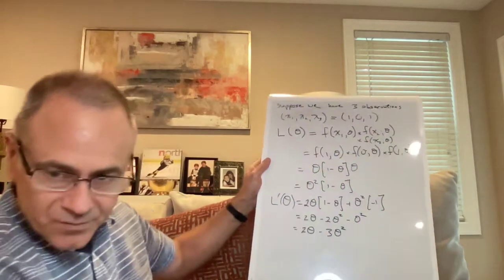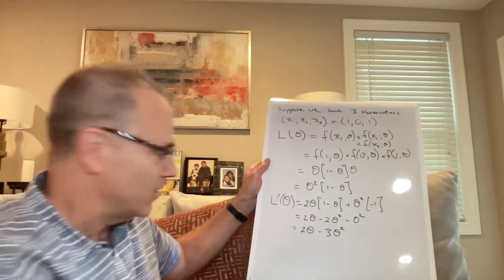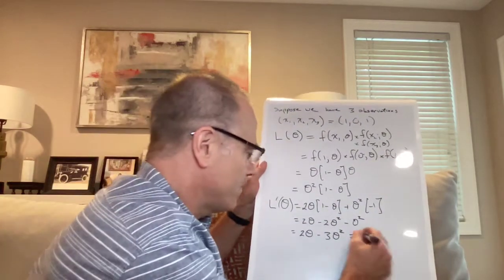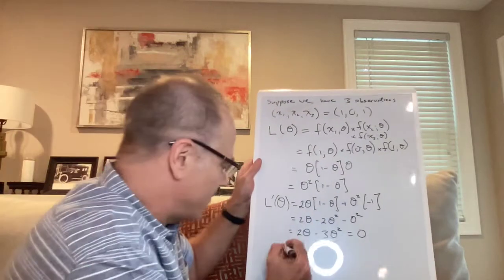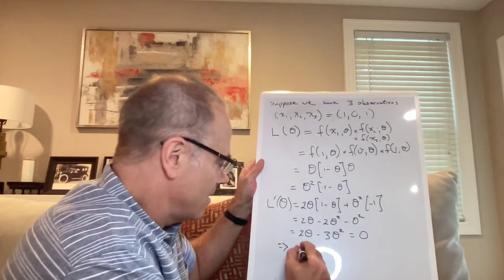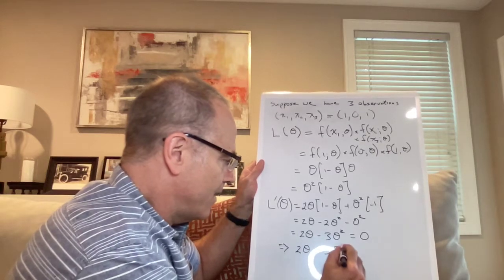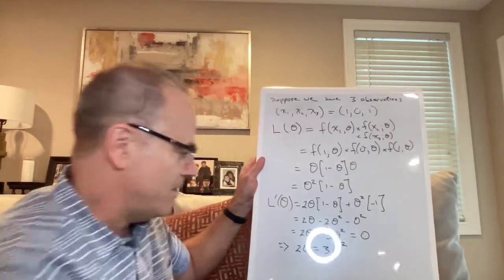If we set that equal to 0, that implies 2 theta equals 3 theta squared.